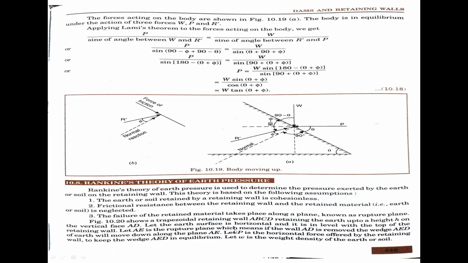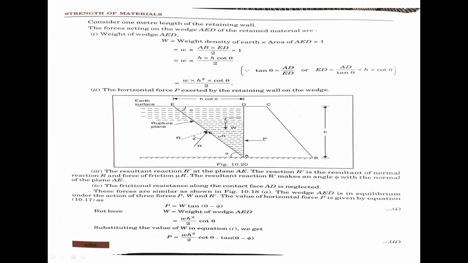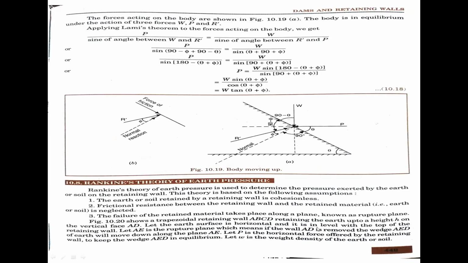Now see the retaining wall ABCD. This is the trapezoidal shape. This is the retaining wall. Now small h is the height up to which the wall retains the earth.